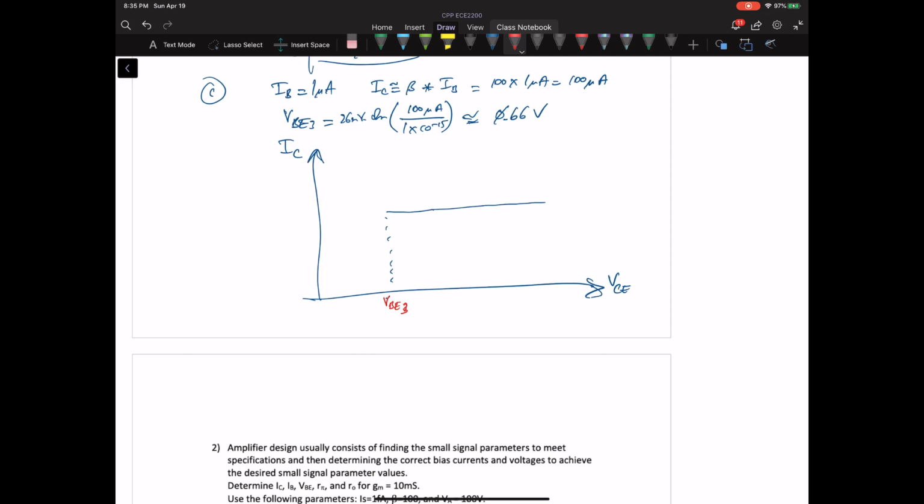Your base-collector junction starts being forward biased, which is a bad thing. You're in saturation at that point, and basically your current starts dropping, goes to 0. So you're saturated starting at a point less than VBE3, which is 0.66 volts. Otherwise your collector current is 100 microamps. Okay, so that's the answer to part C.